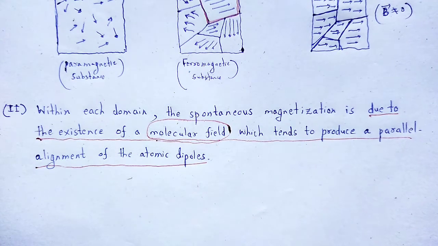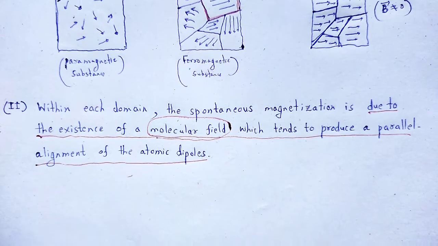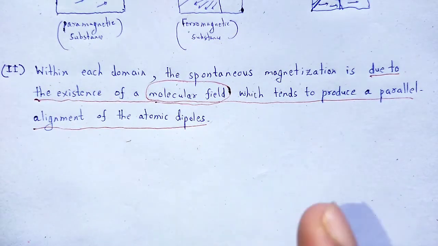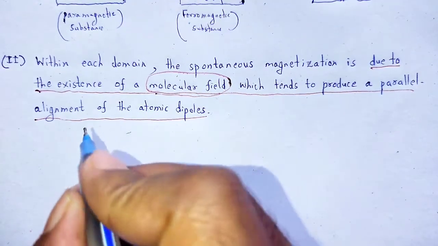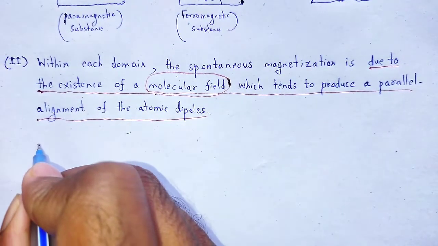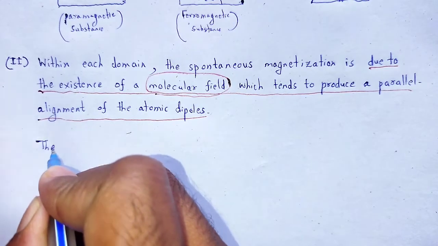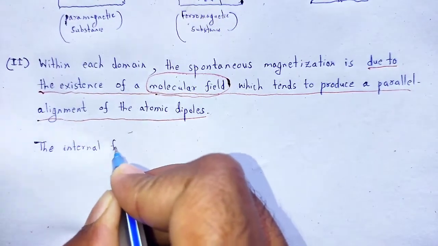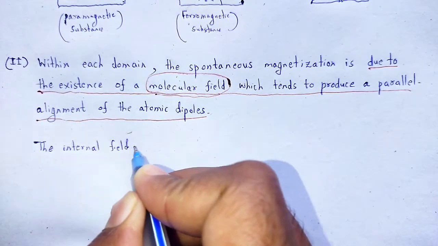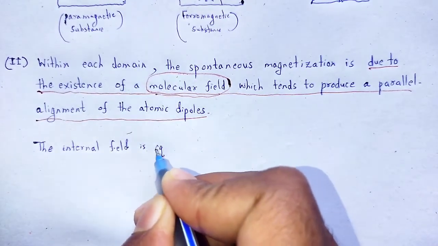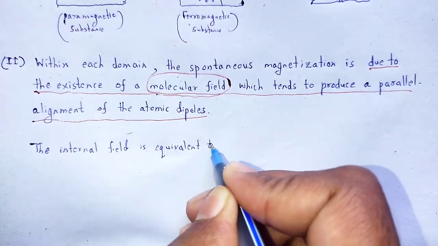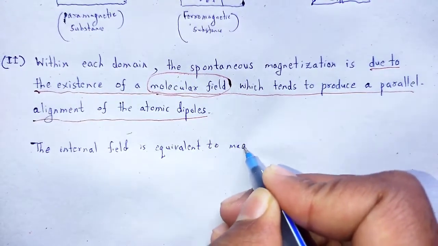So what happens in that situation? The internal field is equivalent to a magnetic field.